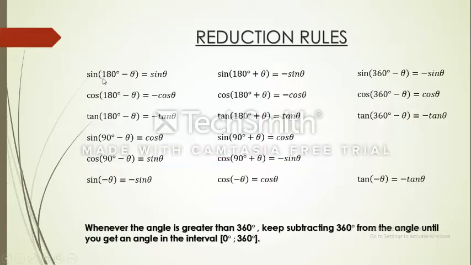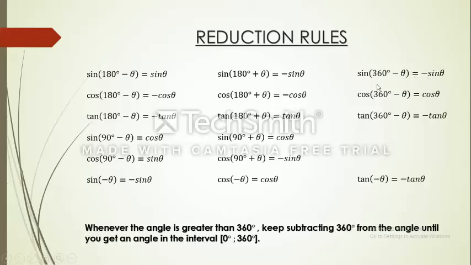I've got sine 180 minus theta. It simplifies to sine theta. And sine 180 plus theta simplifies to negative sine theta. And sine 360 minus theta simplifies to negative sine theta.